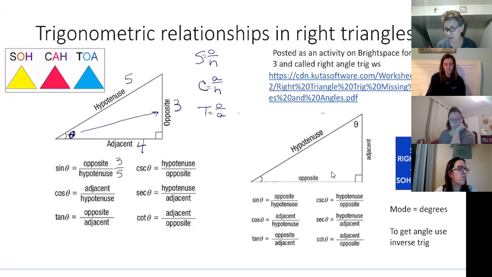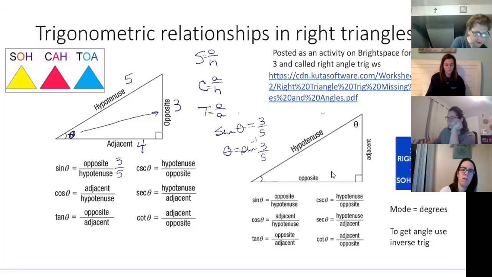And you think, well, that's just wonderful. What does that do for me? Well, if you use inverse trig, you can get the angle. So I know that the sine of alpha, and I think this is gamma, but we're going to call it alpha, equals 3/5. So look what happens. The angle in question is going to equal sine to the -1, that's called inverse, of 3/5.